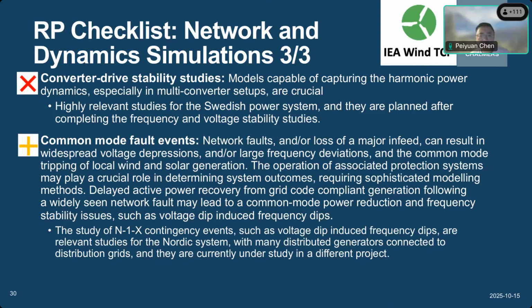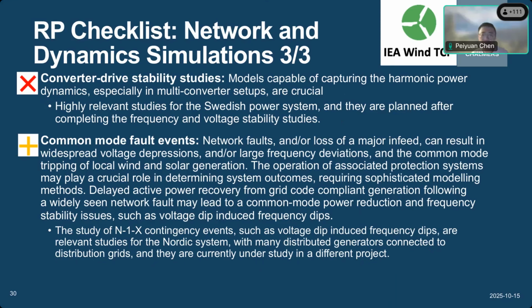And then the common mode fault, it is very interesting that that is mentioned in this checklist, because we actually have another project ongoing that looks at exactly the same features, going beyond traditional N-1 contingency events to N-1-X, such as when a fault in the transmission system propagates to the distribution system.